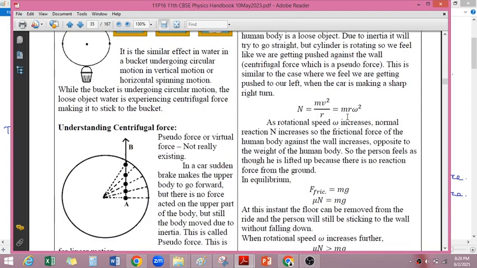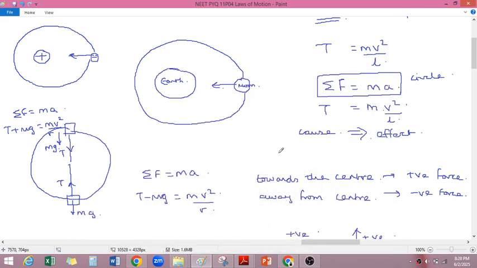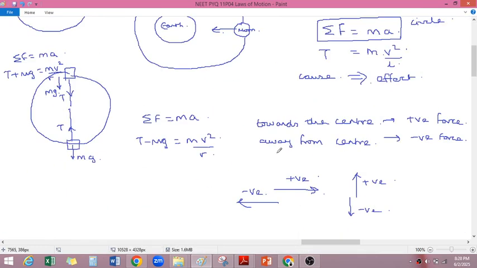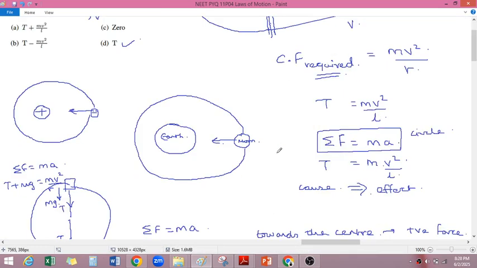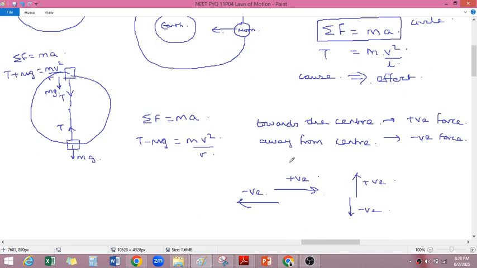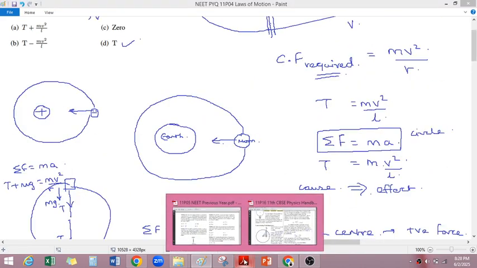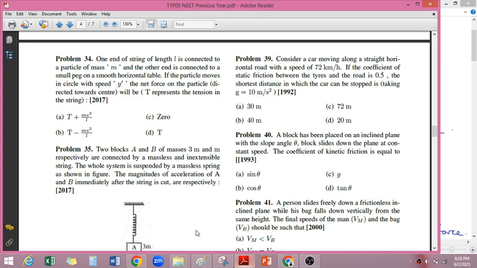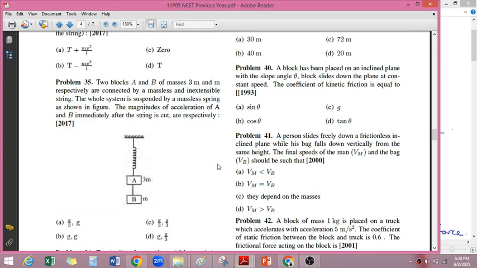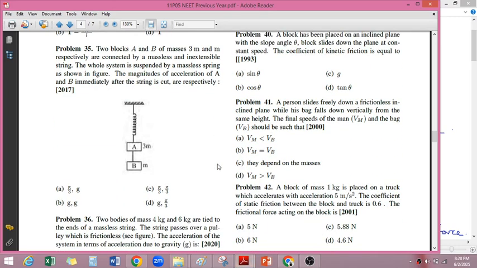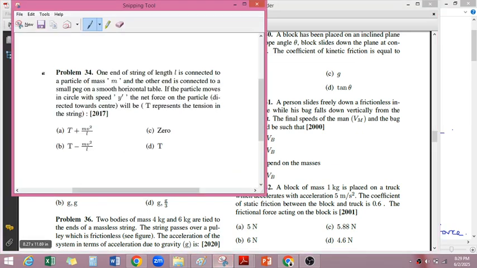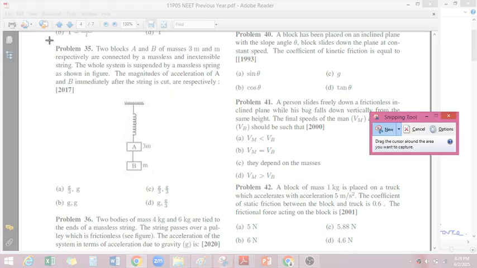So you will get a lot of questions connecting these things. Okay, so a lot of theory concepts here. Okay, this is a very, very important type of problem. Very often students find this difficult, so please pay attention.